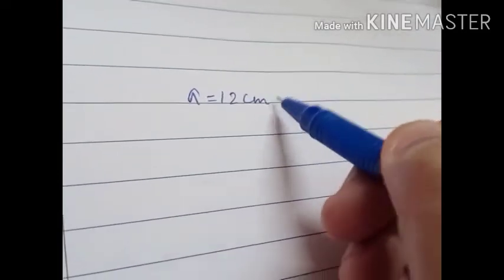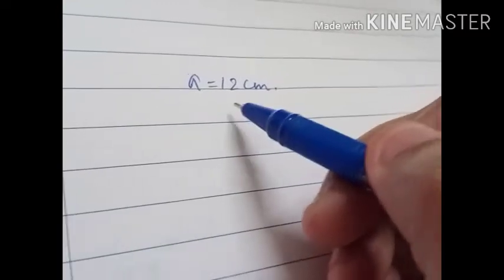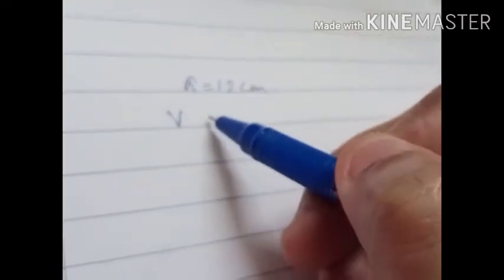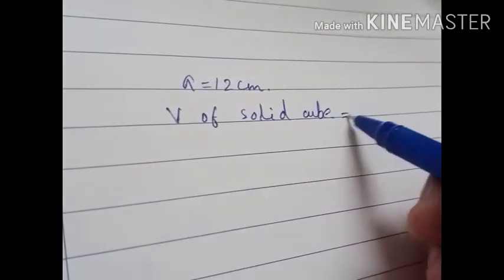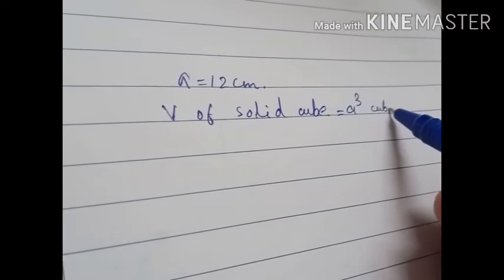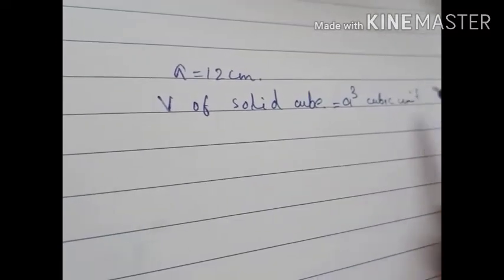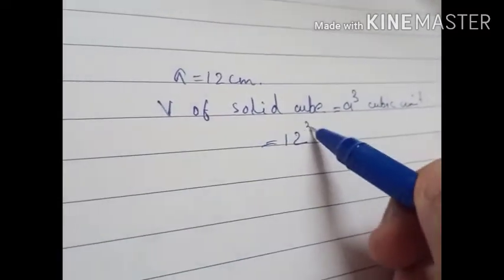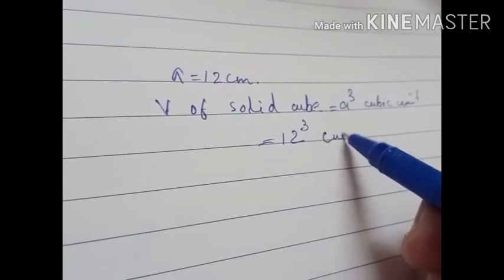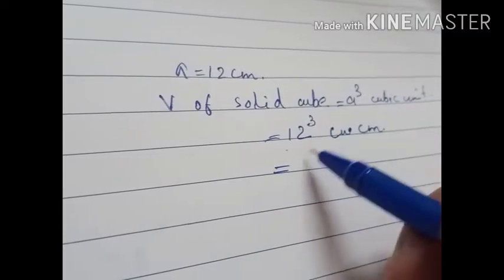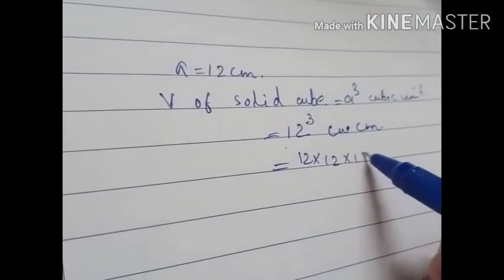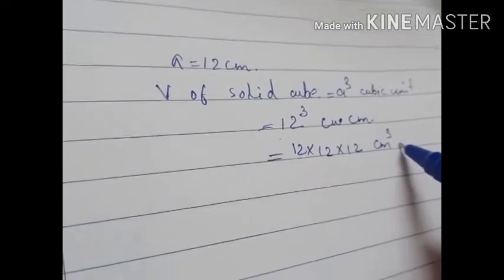According to this question, there is a big cube of side a equal to 12 cm. So we have to find its volume first. Volume of a solid cube equals, what is the equation? a cube, cubic unit, that is equal to 12 cube, cubic centimeter, that is equal to 12 into 12 into 12 centimeter cube.